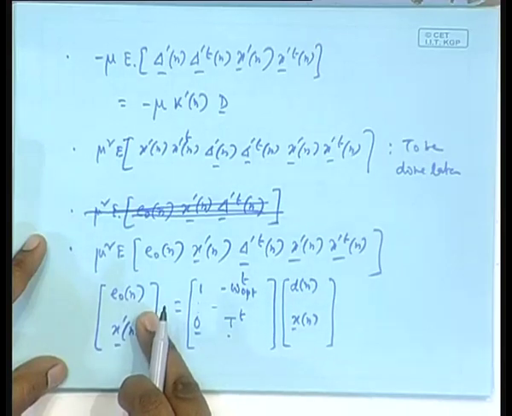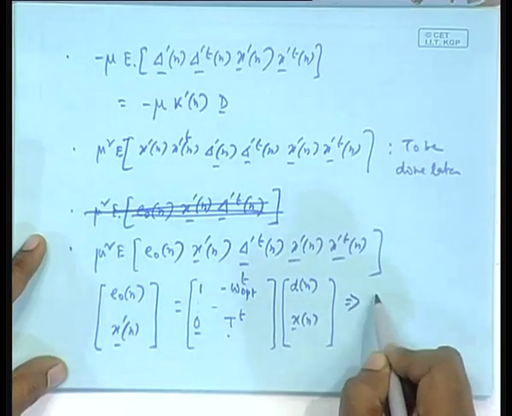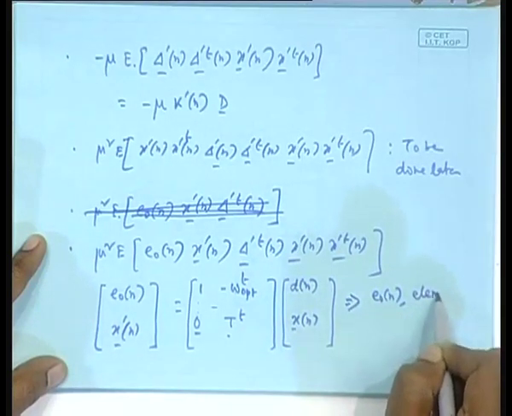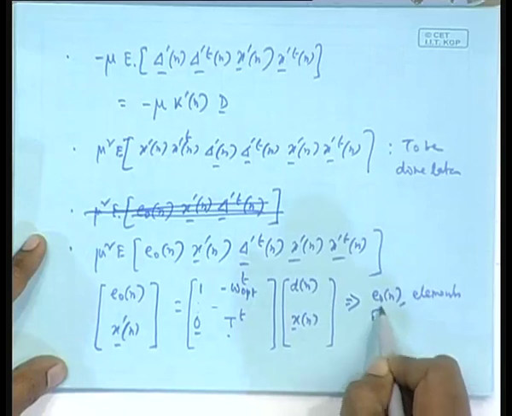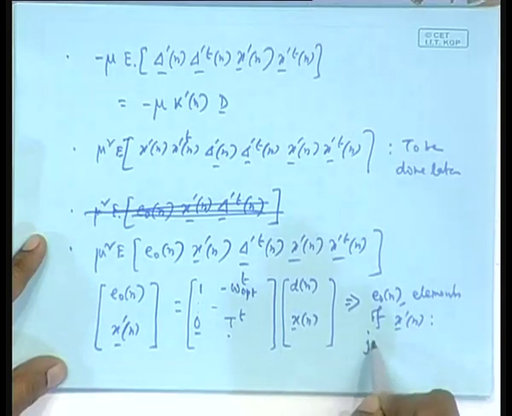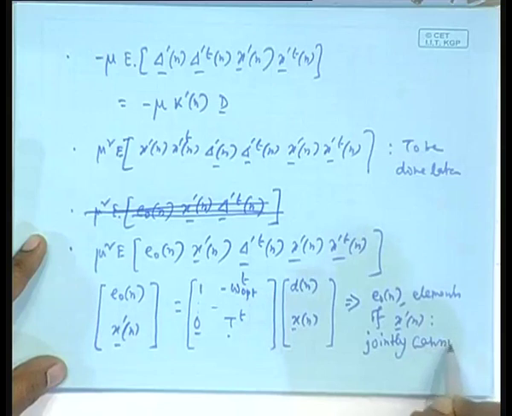Okay. This implies e o n and the elements of x prime n are jointly Gaussian.